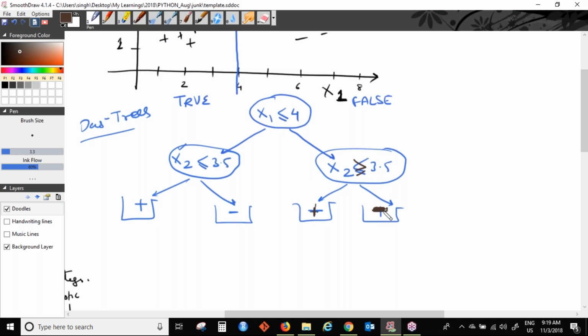They will interchange, but the conclusion wouldn't matter. So you can write that way also. It's totally up to you. You either write x2 is less than equal to 3.5 or greater than equal to 3.5. The conclusion would be the same. It wouldn't matter.